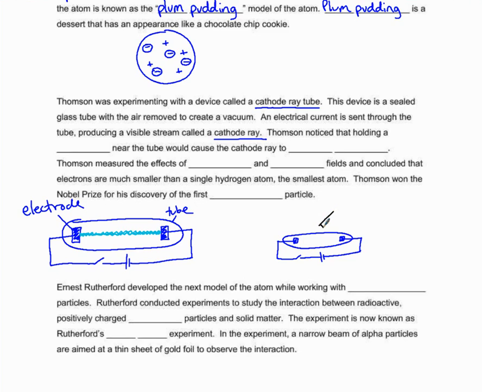He's going to hold a magnet here. I've got a demonstration for you, kind of like this. So holding a magnet here, he notices that when he points one side of the magnet towards it, the cathode ray is pushed away.